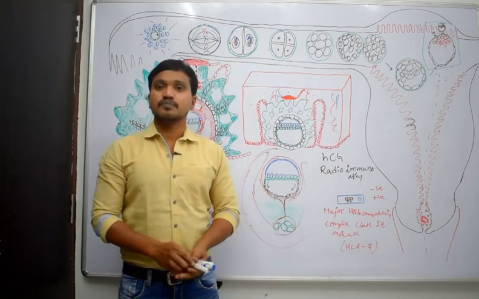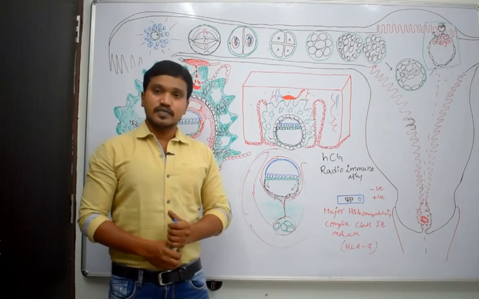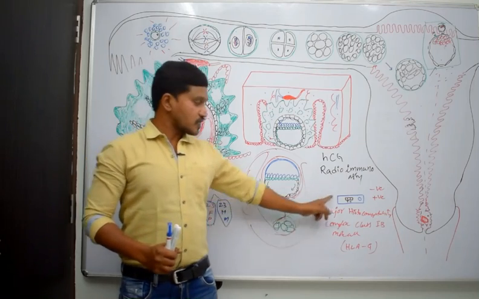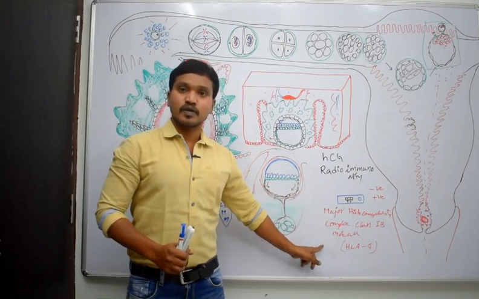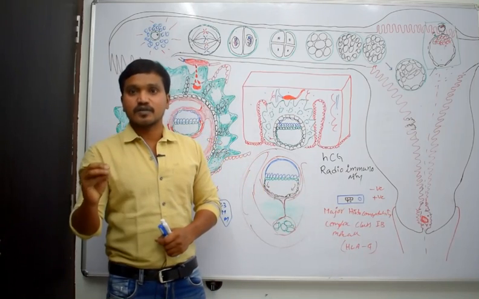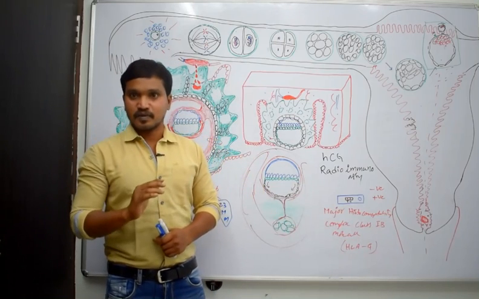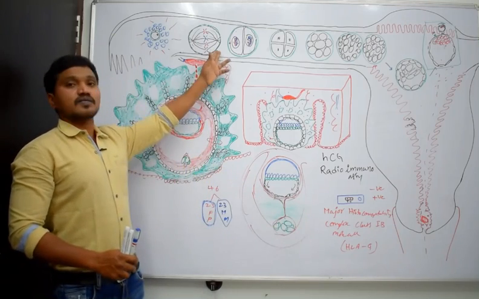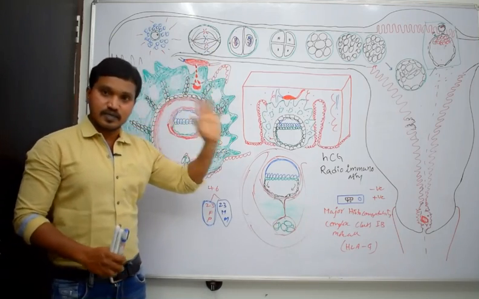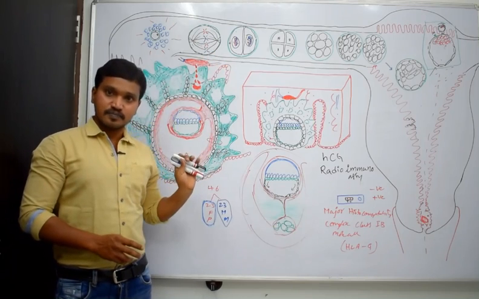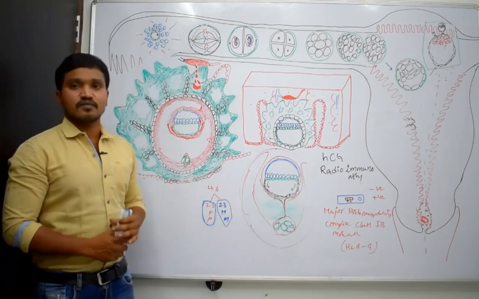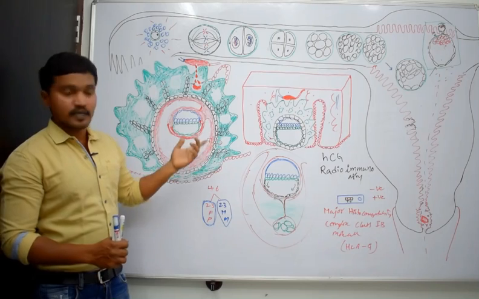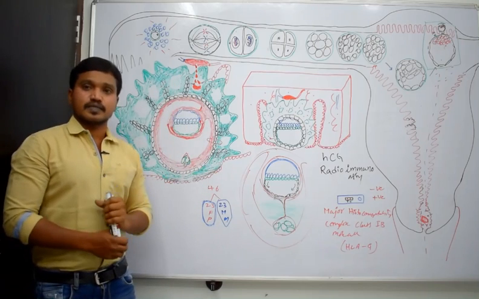Because of the expression of this molecule, the immunological reaction will be suppressed. Right? So that's the concept of why the embryo is not rejected. Clear? Then the third applied aspect, tubal pregnancy.